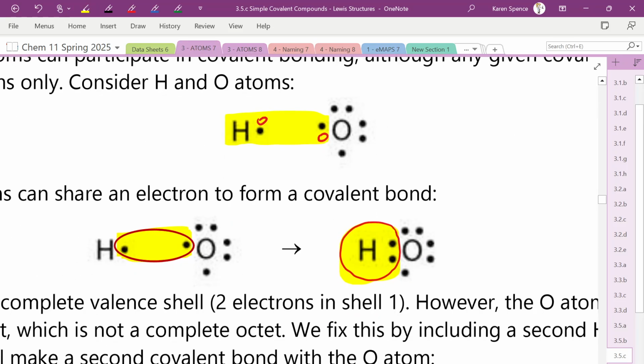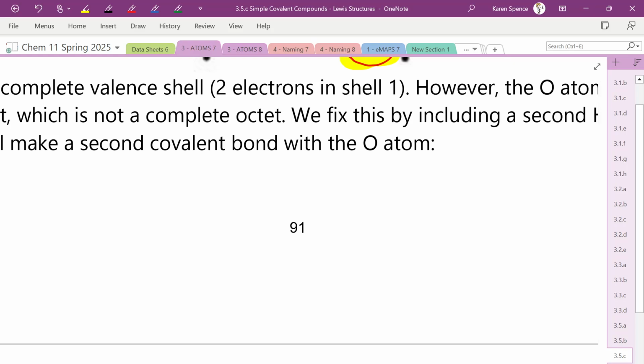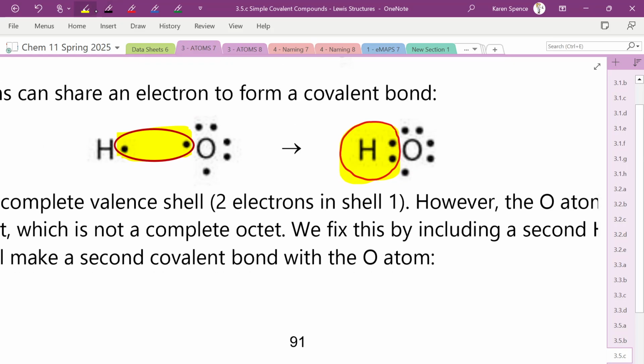Add another hydrogen. Here is our hydrogen. Let's make this hydrogen red. There we are. And that's why water is H2O, because that allows oxygen to get a complete octet and hydrogen, each of them, to get a 2 electron configuration.